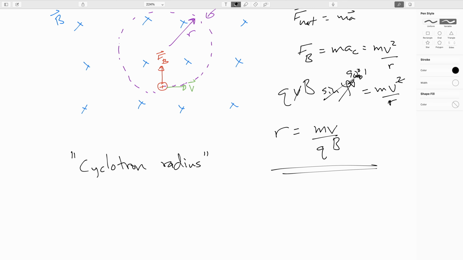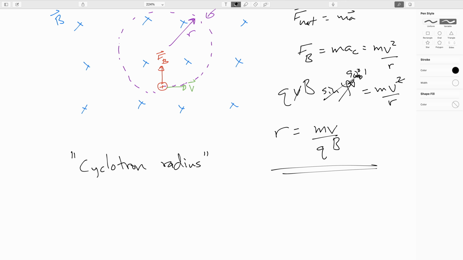You measure the radius of curvature the particles take, and from that you can deduce the ratio of the mass to the charge of the particle. In order for this to work, you have to ionize the particles. So a lot of times this charge is just 1 because it's a single ion.